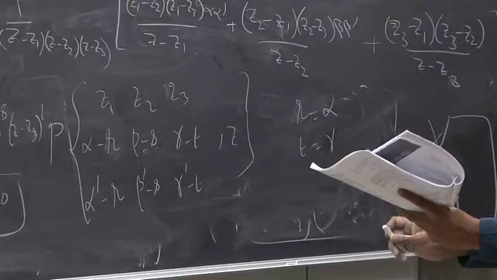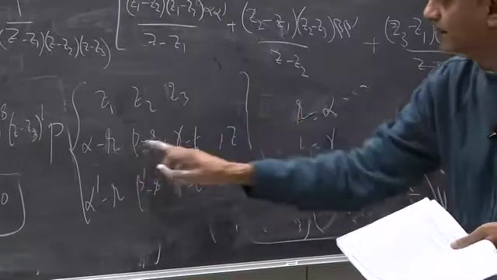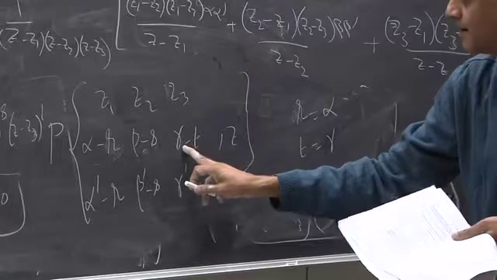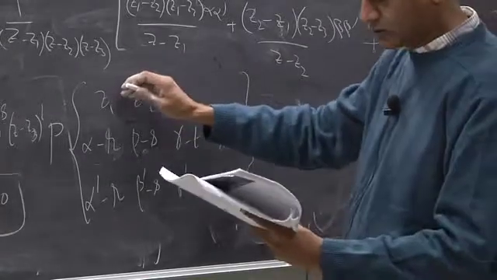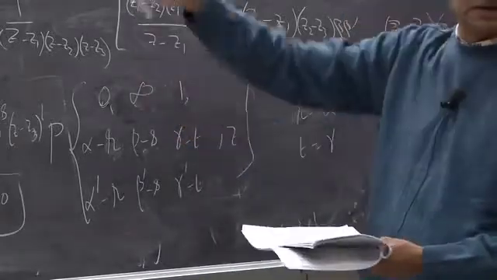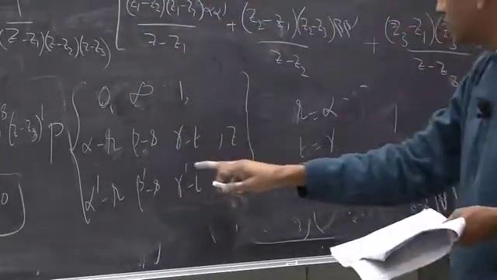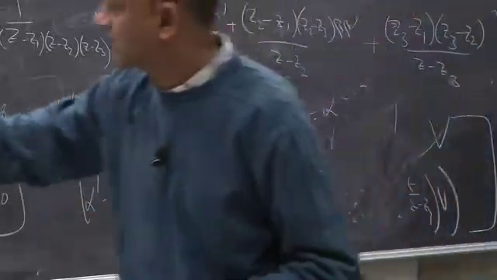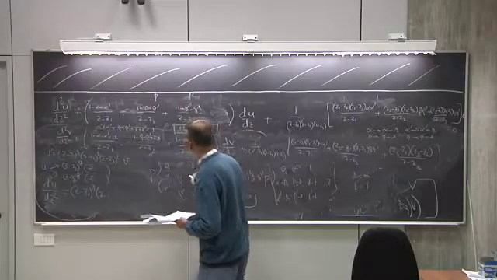That's it. So I can make 2 of them 0. And this one I make to 0, infinity, and 1. This I did by the previous conformal transformation. Now here also let me put 0, infinity, and 1.